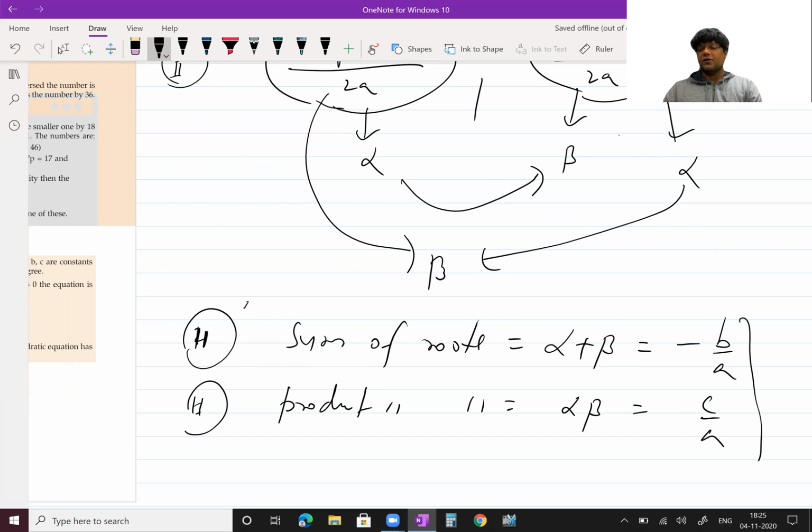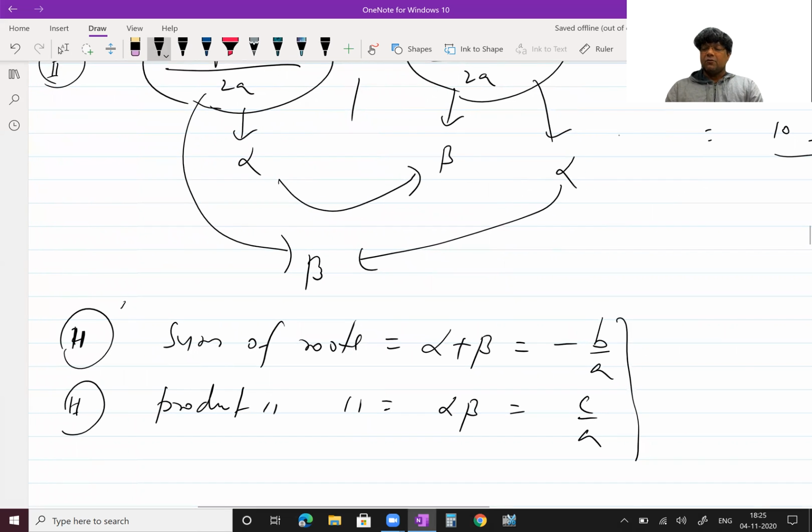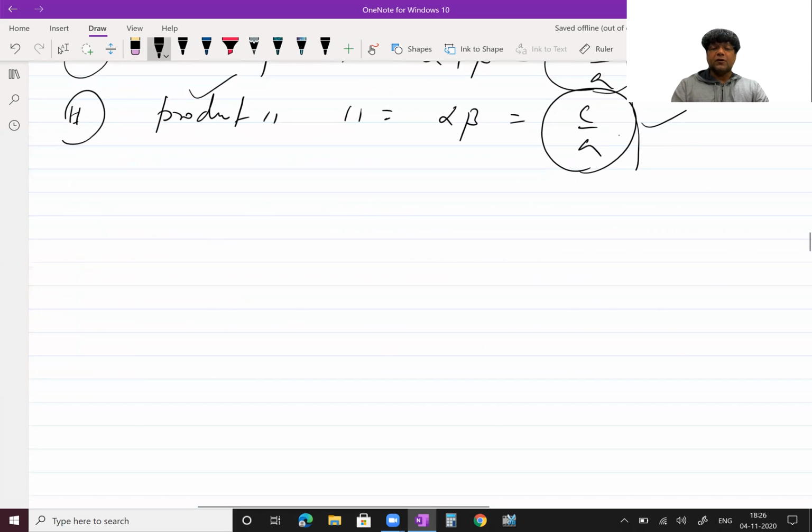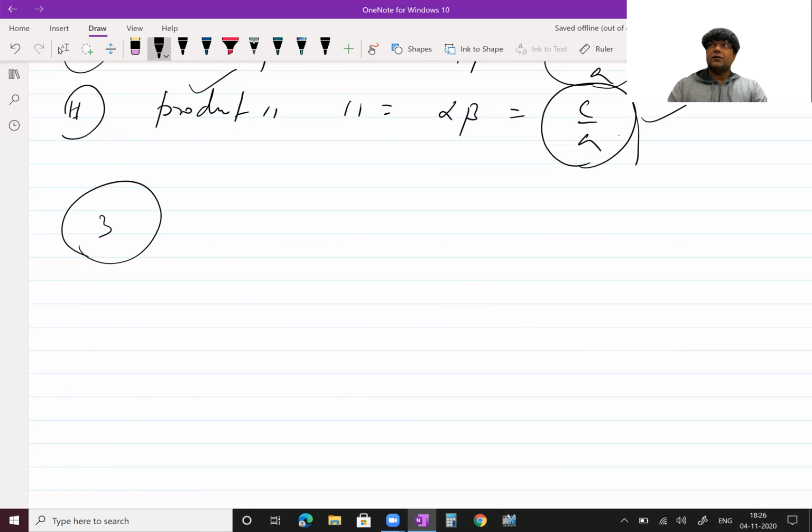This is the second formula, guys, you have to remember. Sir, why do we need to remember this? Without finding alpha and beta separately, directly you can get their sum and product using these two formulas. That is the importance.